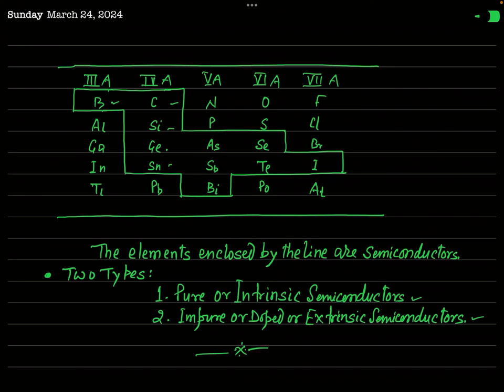After knowing the properties and the bond formation in these two types of semiconductors, we will learn about the carrier concentration, the concept of Fermi level, and the concept of conductivity. All these things we will learn in our forthcoming lectures, and those will be very interesting. I have a deep faith that you will definitely enjoy my lectures on these semiconductors. Okay, thank you very much.